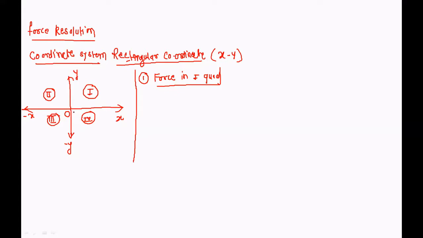I will draw positive x-axis and positive y-axis. And suppose the force is acting at the origin. Suppose it has value F equal to 20 Newton and this angle is equal to 30 degree.